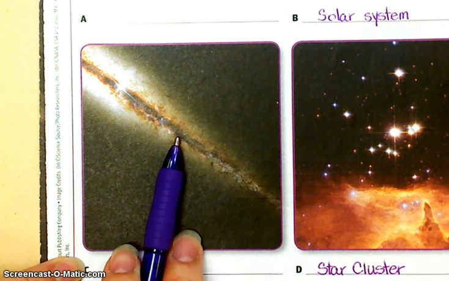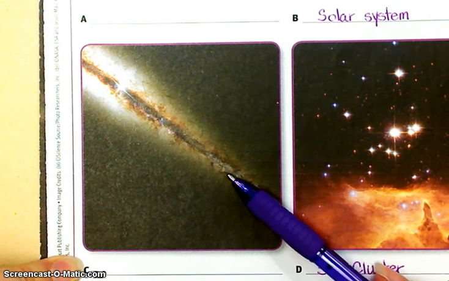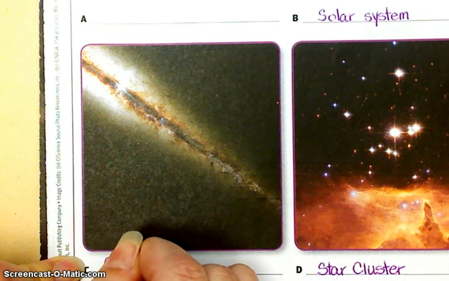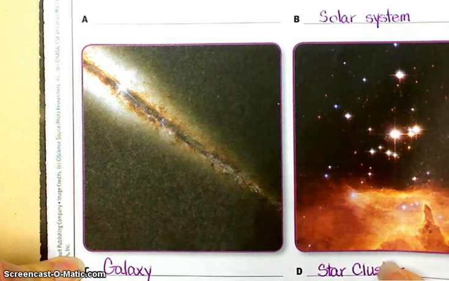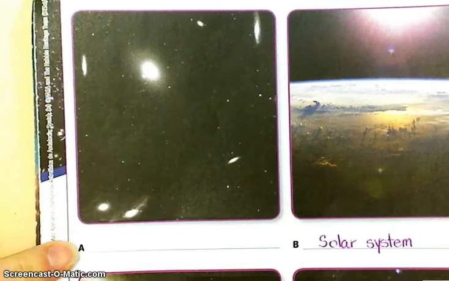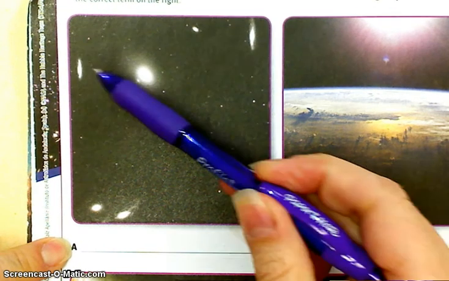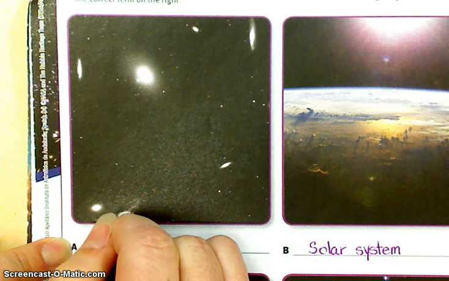Those galaxies are flat, spiral-shaped galaxies, and if you looked at them edge on, this is what they would look like. Okay, so this is a galaxy. And then finally, A shows you a picture with many galaxies all in that picture. So this is going to be a galaxy cluster.